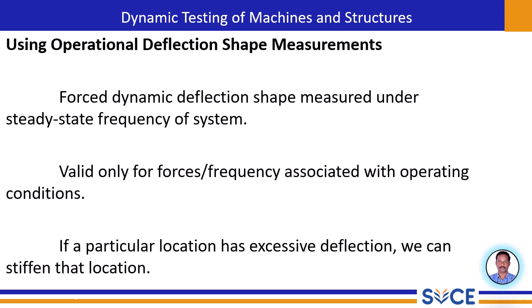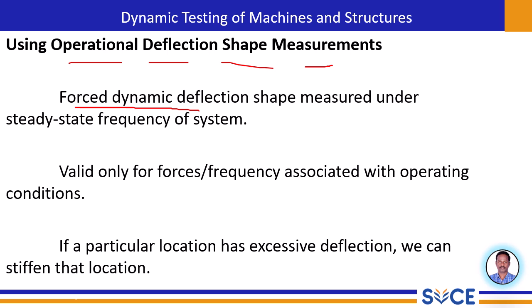As we are discussing the operational deflection shape measurements, our focus is on understanding how a machine or structure deforms under its actual operating conditions. The first point is that ODS measurements capture forced dynamic deflection shapes. What does this mean?